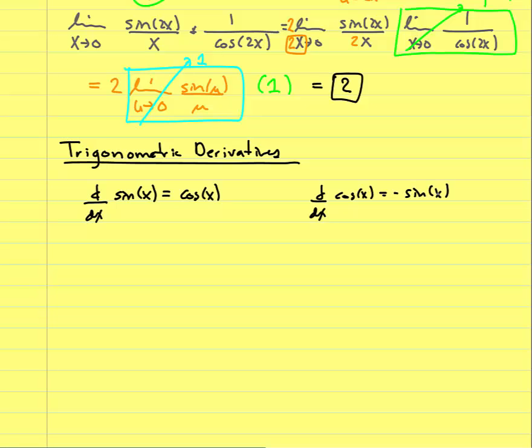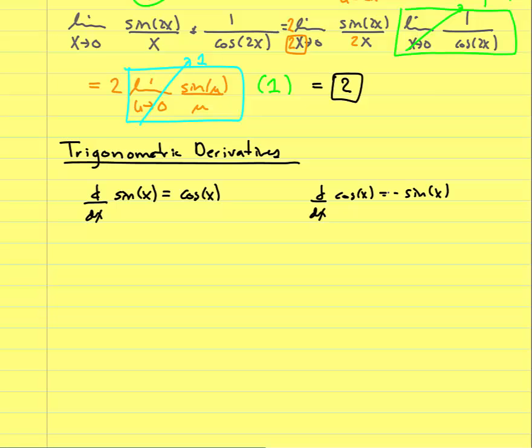So these are the two big trig derivatives, but of course we'll want to know all of them. Now if you think about these geometrically, these formulas make sense because both of them are periodic functions, so we would expect the derivative to be periodic as well. And both sine and cosine, of course, are periodic.